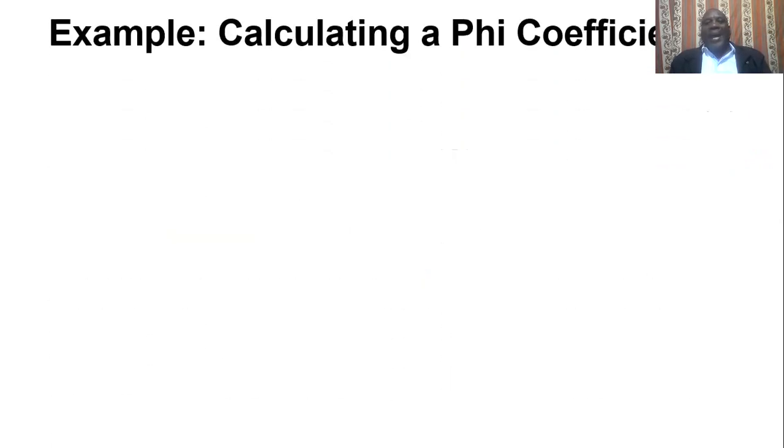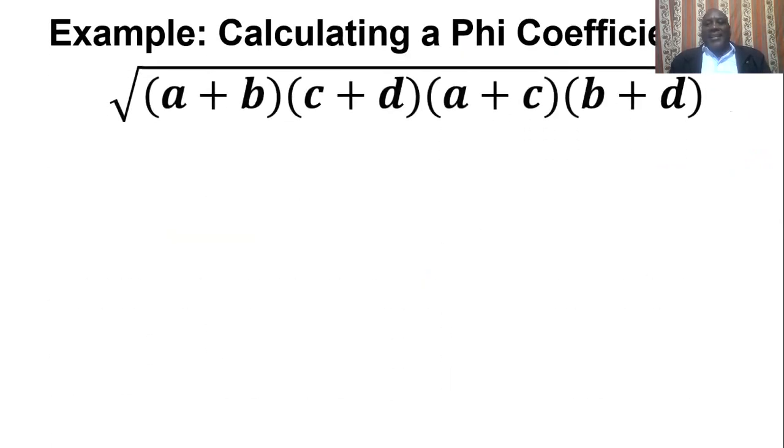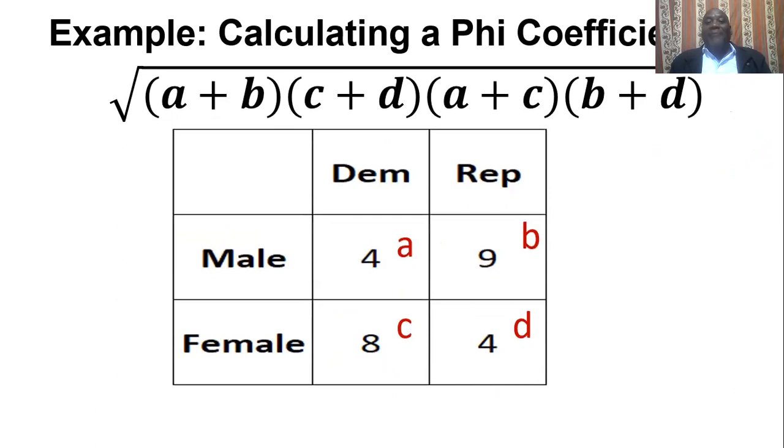Then we have the denominator, which is under a square root. This is how we get it. We have our grid. Now we have A plus B.